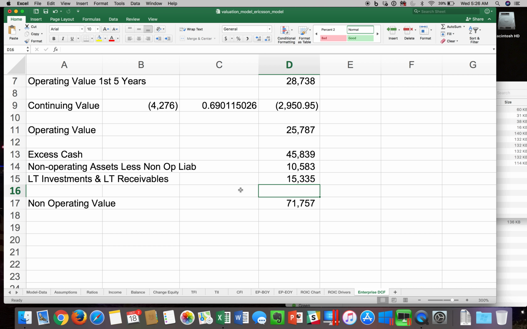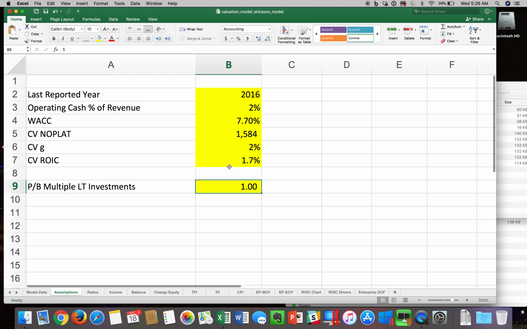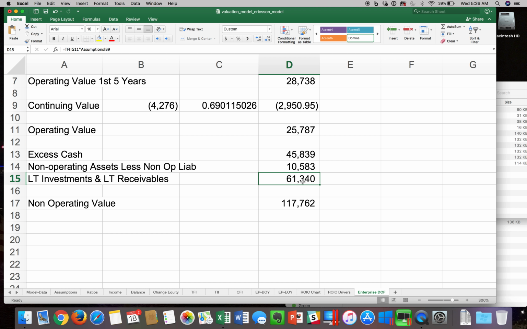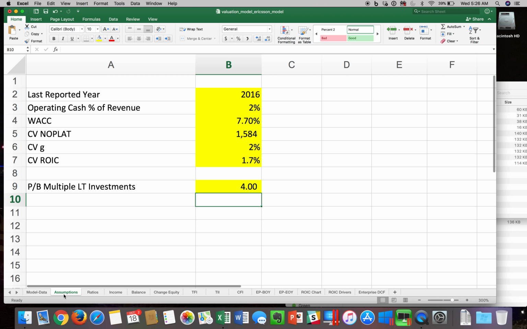So here's the deal. Let's say we own a company and it's worth 4 times what we paid for it. Well, I come here to assumptions, I change the price to book multiple to 4, and voila, it adjusts the non-operating value of our long-term assets. So we'll use the multiple as a way of doing it. As a placeholder, we'll at least start it out as a 1, which is a book value, but we give ourselves the ability to adjust this in the future.